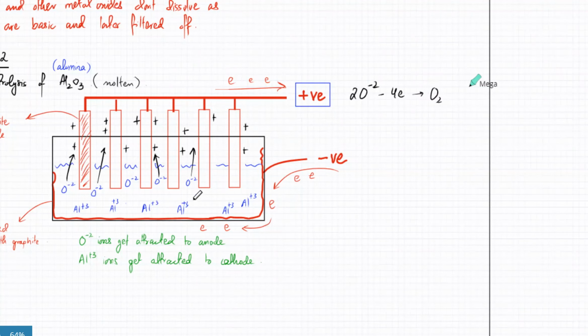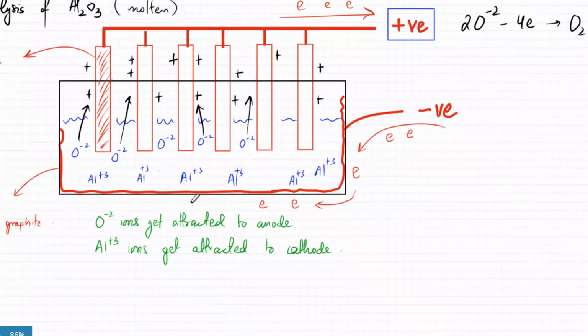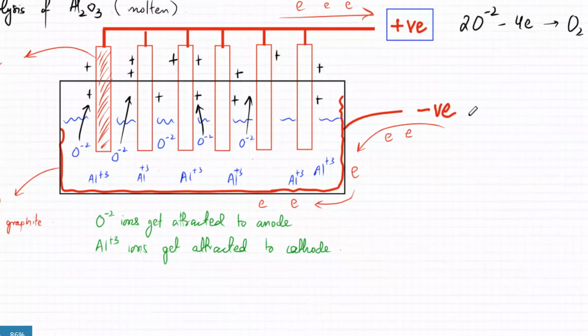What happens to the other ones? Al+3 will get attracted to the negative container. The container was connected to the negative terminal. The reason it was negative was because the battery was constantly sending electrons. So there are lots of electrons coming in, which is why the whole container would be negatively charged.